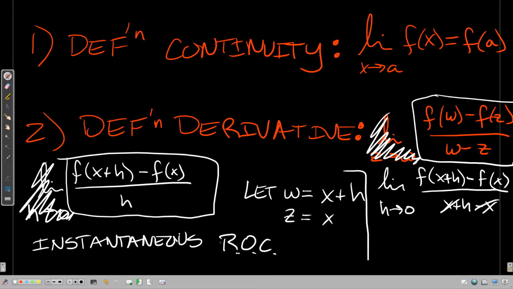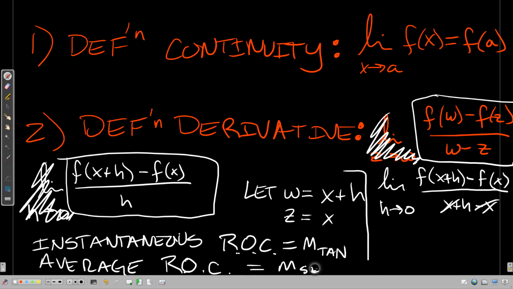So for the secant line, it's the average rate of change. For the derivative, it's the instantaneous rate of change, and this instantaneous rate of change is exactly the slope of the tangent line. The average rate of change was the slope of the secant line.